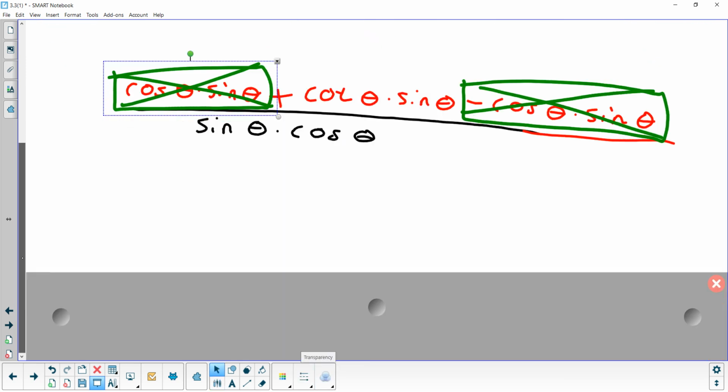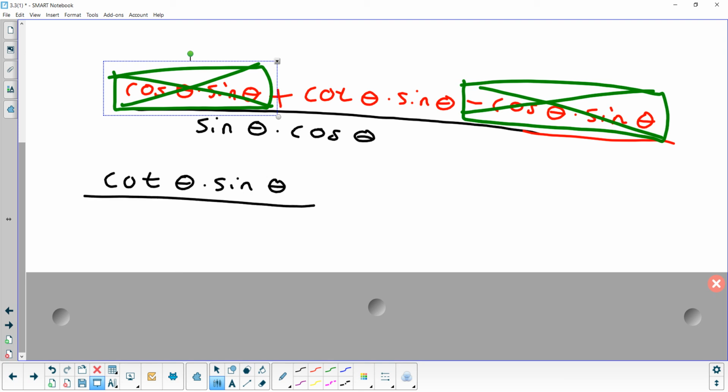Now, let's write down what we have left. Cotangent times sine over sine times cosine. Now, look at what you have left there. Does anybody see something else that would cancel out? Yep. To get rid of the sine, we can get rid of the sine.